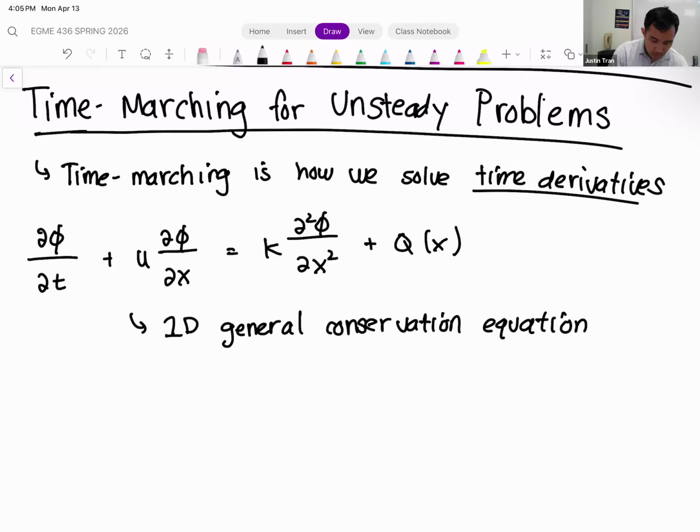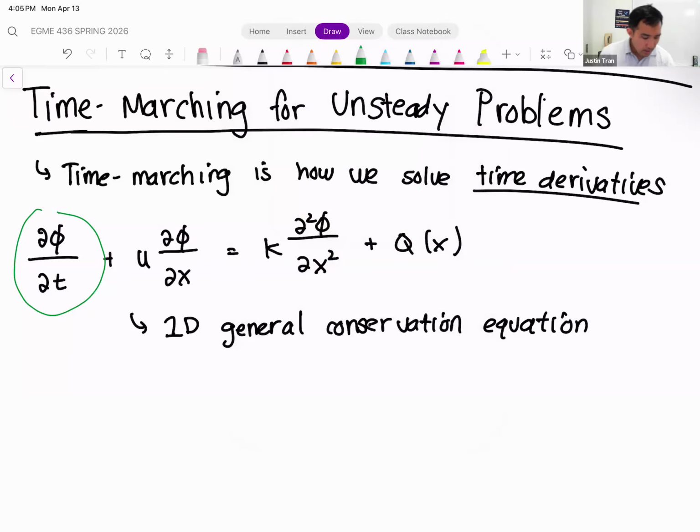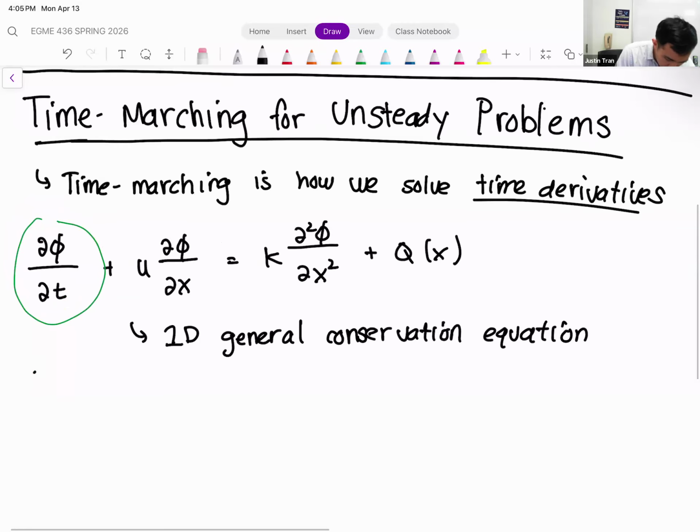And of course, the key addition is that unsteady term right there. What we found is that the way we deal with this is through time marching, and we've only really covered one technique so far, which is the explicit Euler technique.